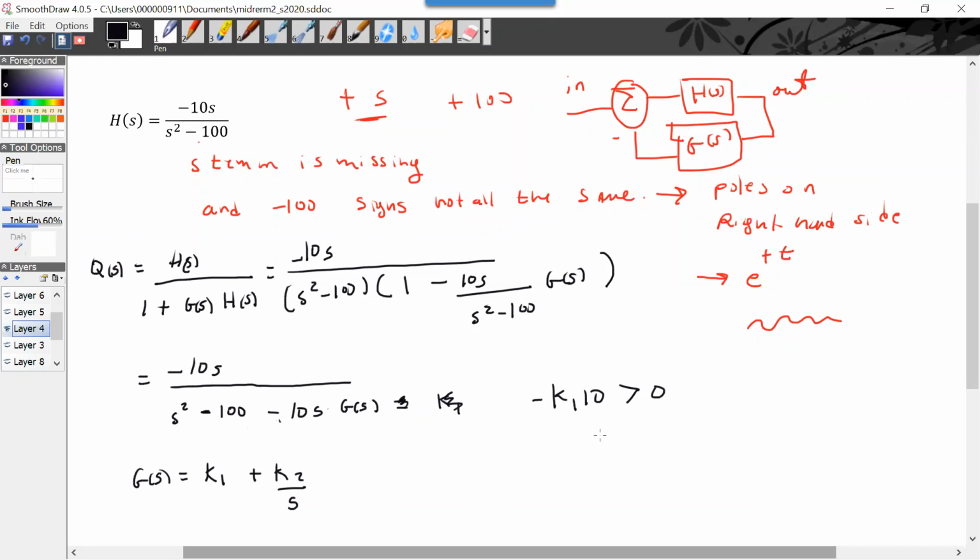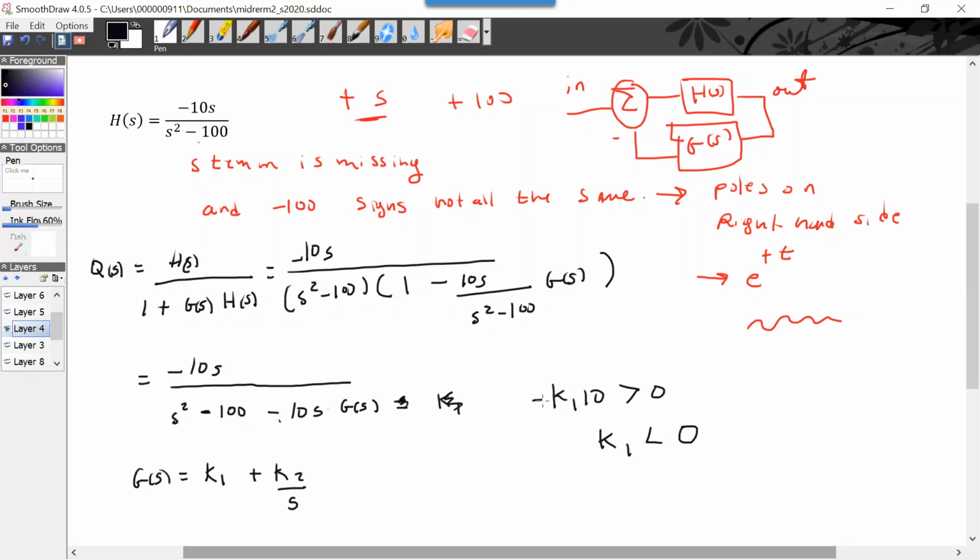That means K1 just has to be less than 0, just has to be negative.